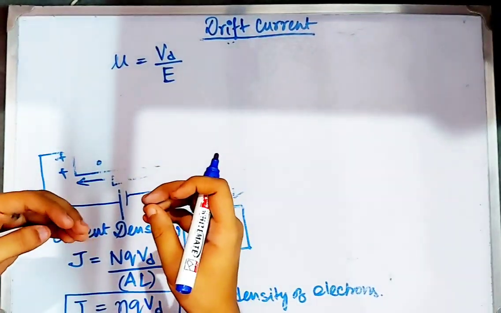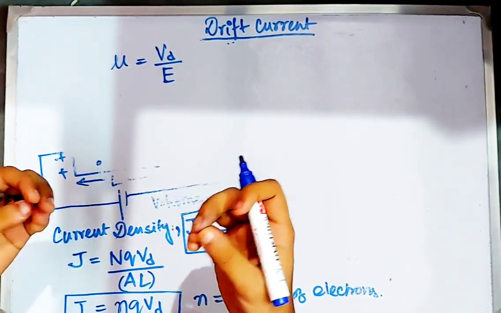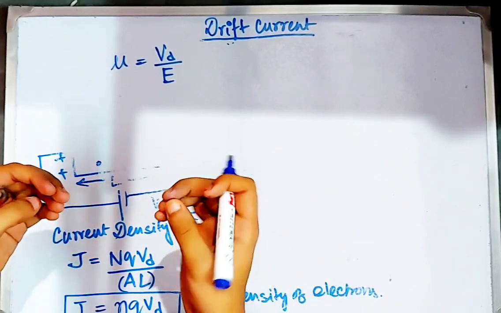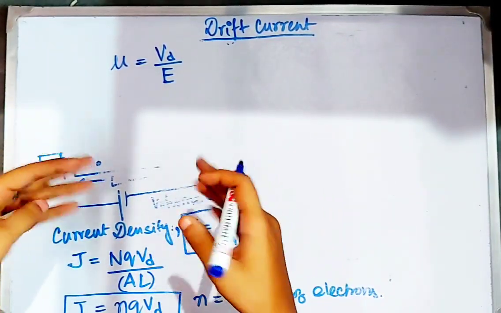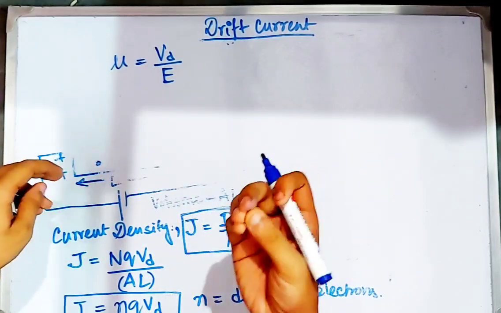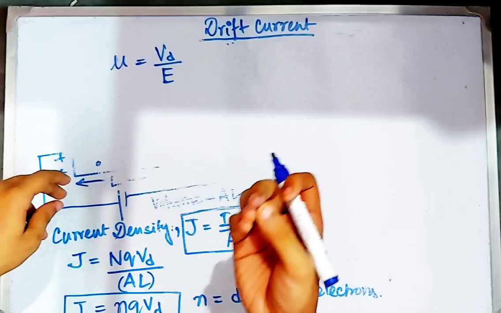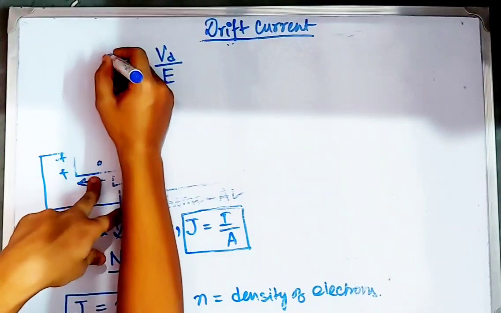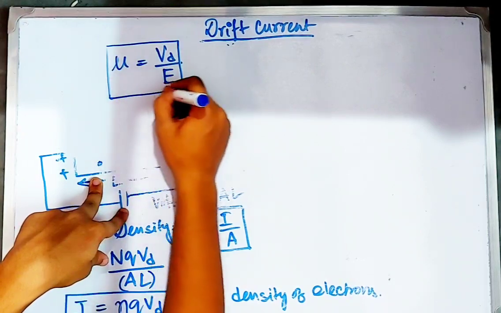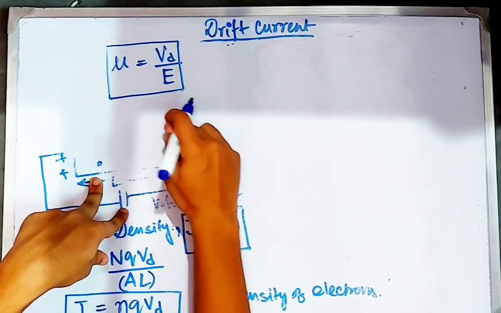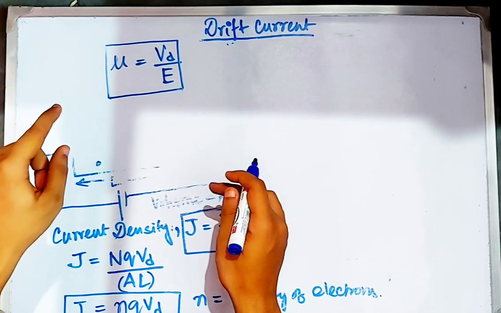Mobility tells us how fast the charge carriers are moving from one place to another within the semiconductor in the presence of that particular external electric field. If you don't have a good idea of mobility, you can check my last video.